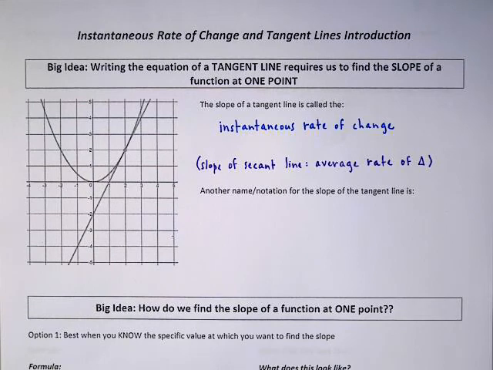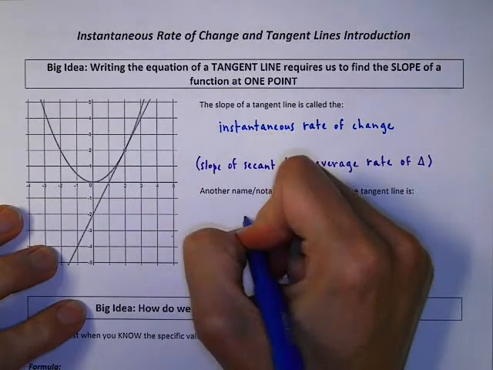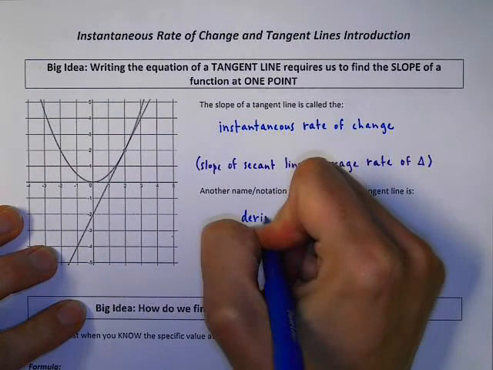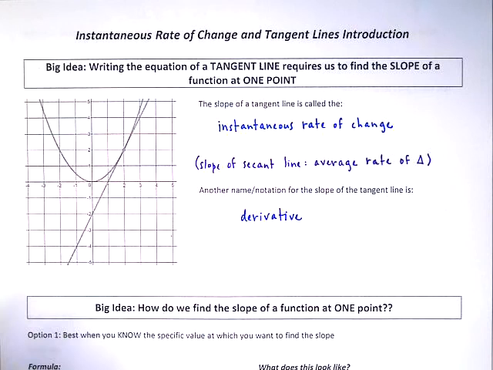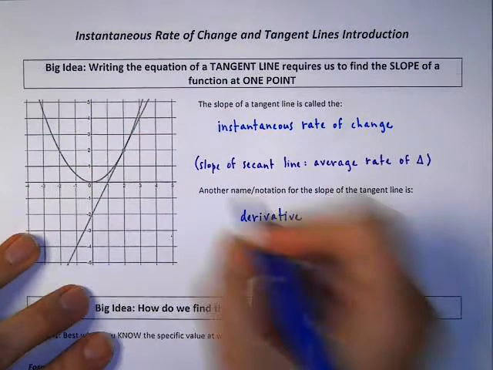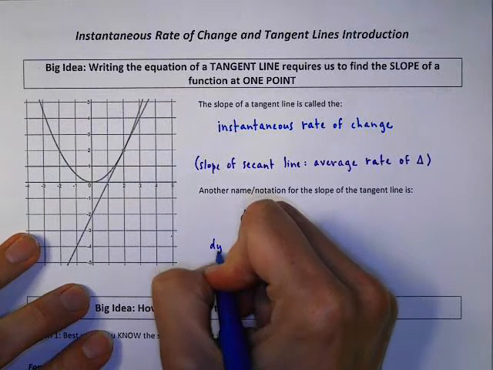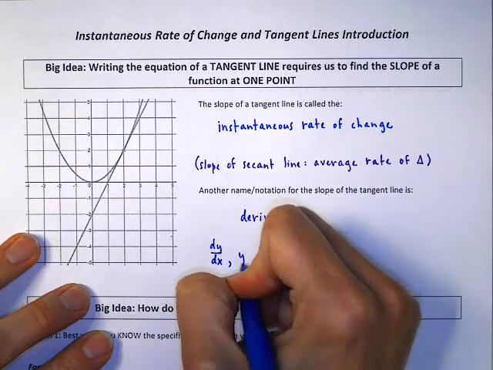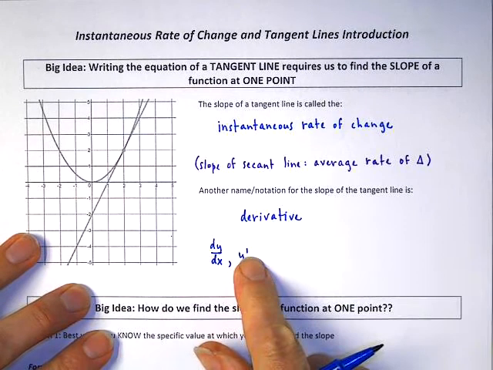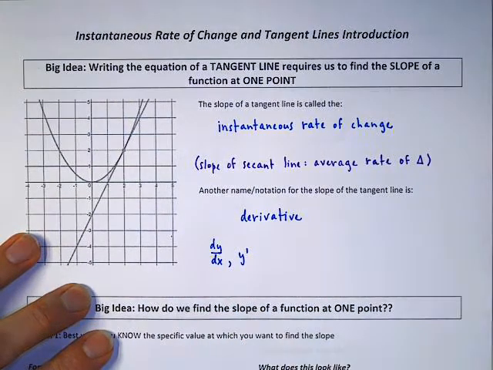Now, as we go forward, we're going to be using another name and some new notation for that slope of the tangent line, and we're going to call that the derivative. And along with that derivative comes a whole bunch of new notation that you're going to get to be really familiar with. So when we see notation that looks like this, dy dx, we might see what we call y prime. That tick mark there is going to represent that derivative.